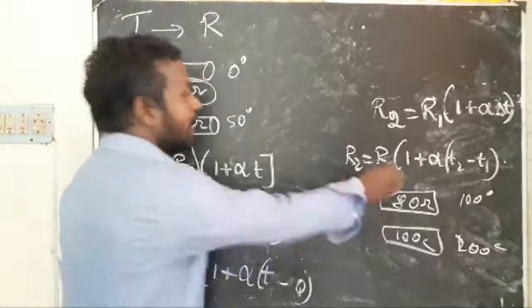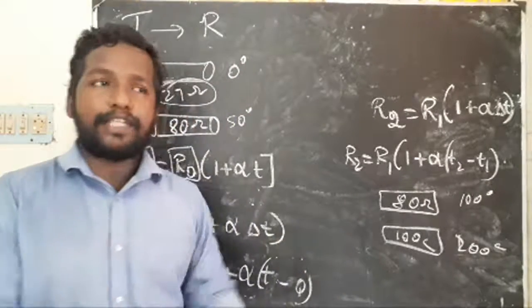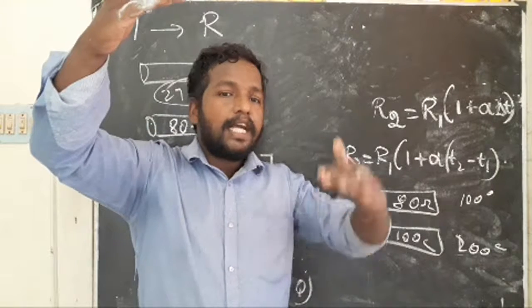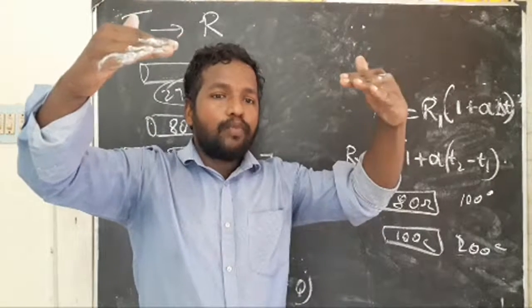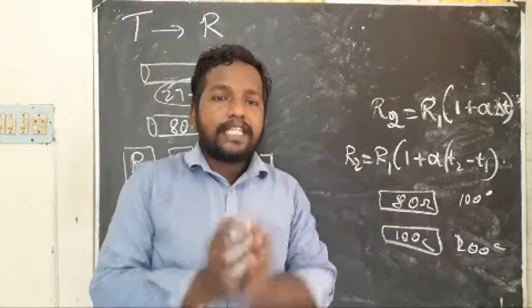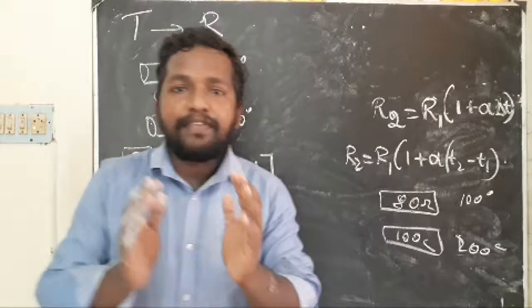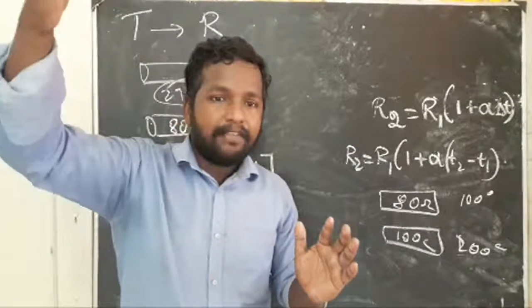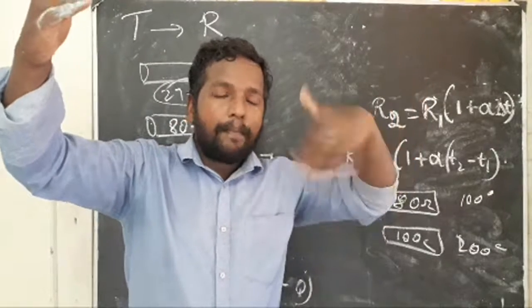Now what is alpha? Alpha is the temperature coefficient, which indicates how much the resistance changes per degree Celsius.